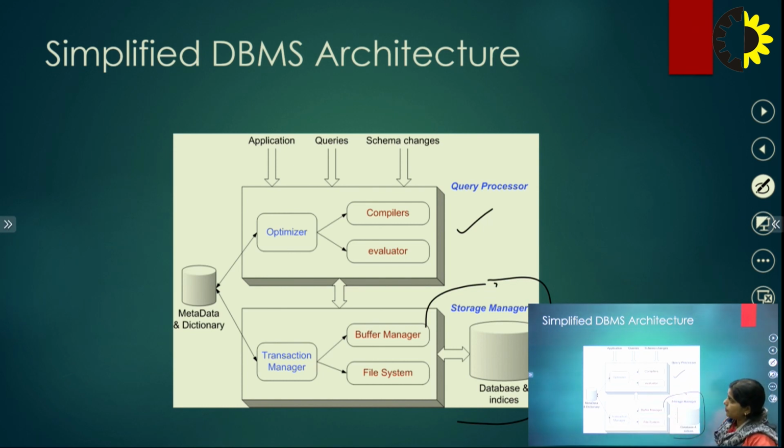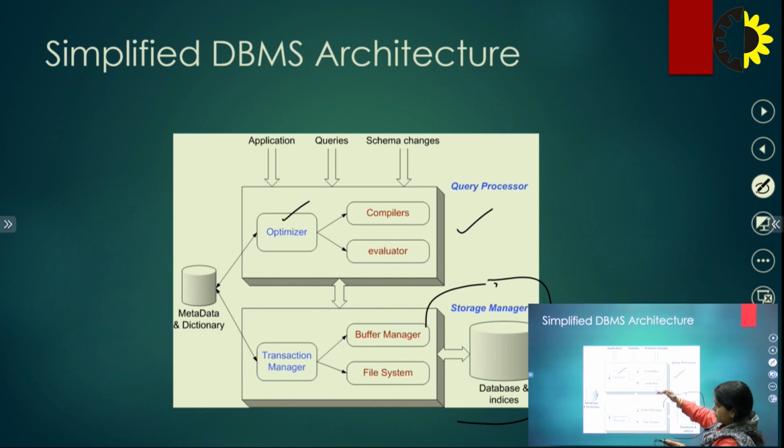Here we have different kinds of applications, different types of queries and schema changes, and whatever we have inside the query processor comes from this layer only. And here we have metadata or dictionaries. So, from the metadata or dictionaries we have an optimizer, which optimizes with the help of compilers and evaluators.